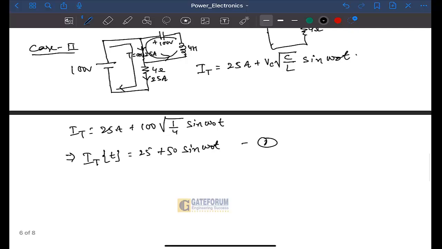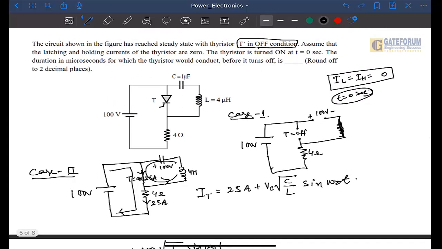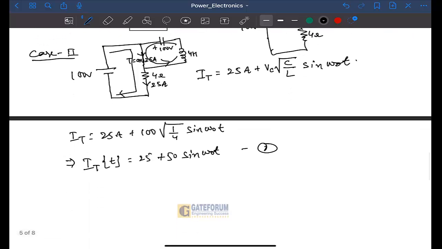So to get the time period for which thyristor is on, we need to make total thyristor current equal to 0.